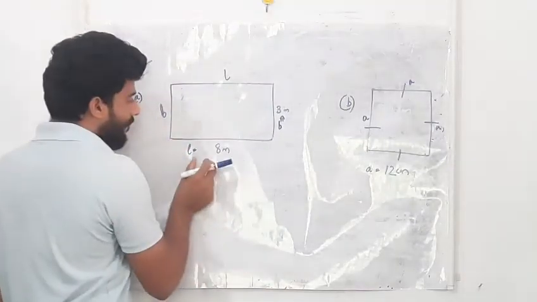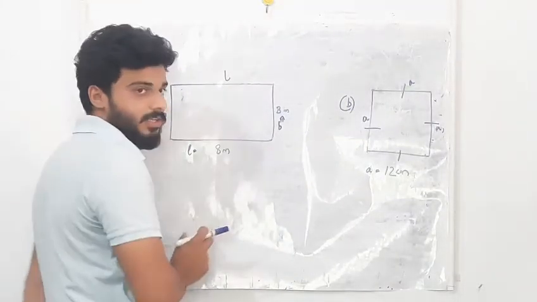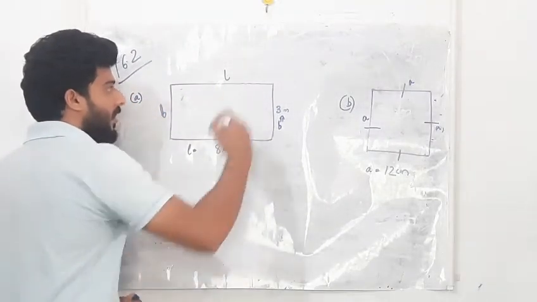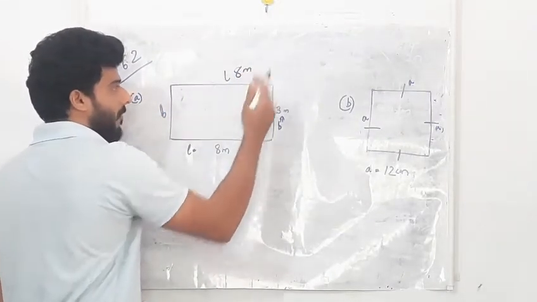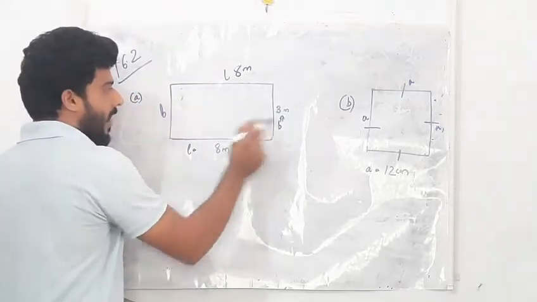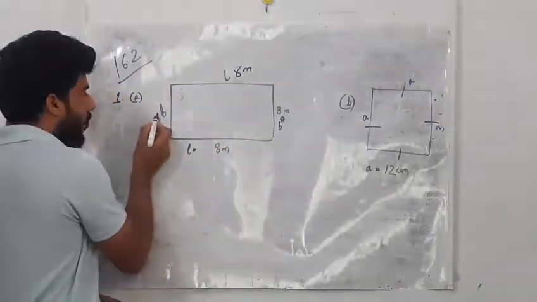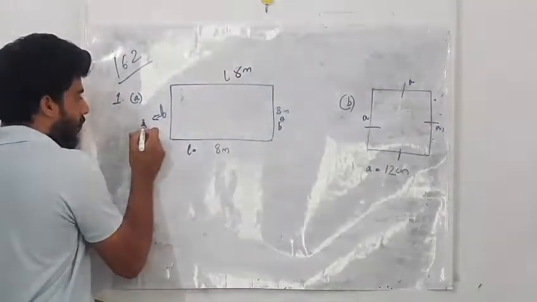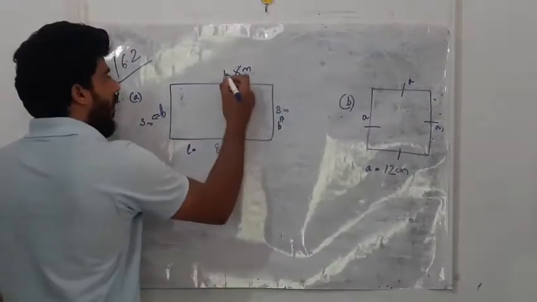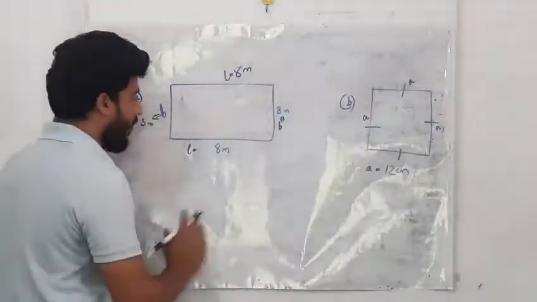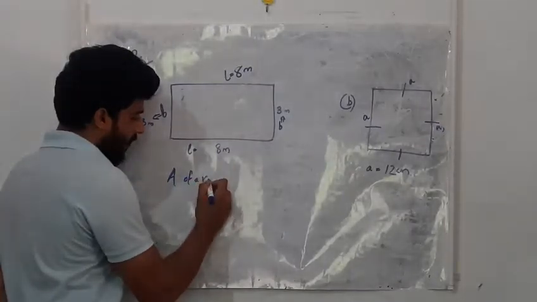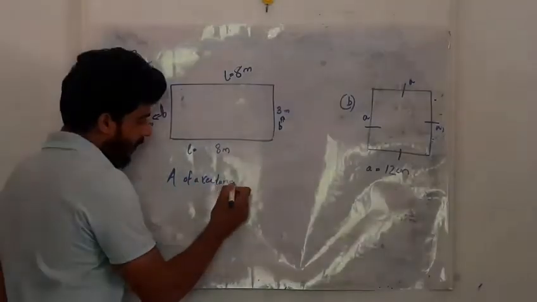The values given in the question are length equal to 8 meters, so the opposite side will also be 8 meters, and breadth is given as 3 meters, so the opposite side is also 3 meters. Now we find the area of the rectangle.